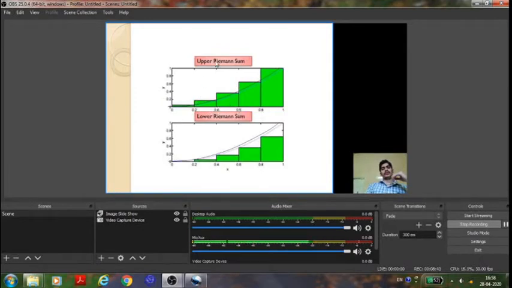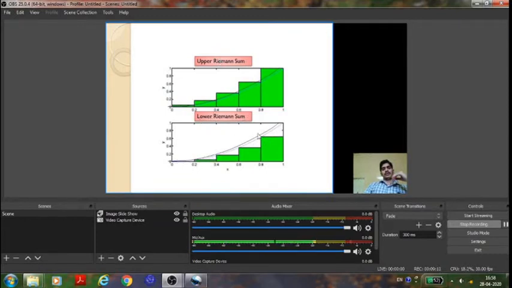So what we mean by upper Riemann sum is this area. You just partition this one like this, and this is the extra region. You can observe this is the extra region. This is about the upper Riemann sum. The lower Riemann sum is the same thing.